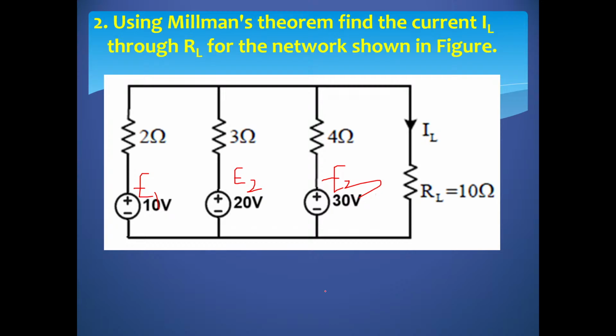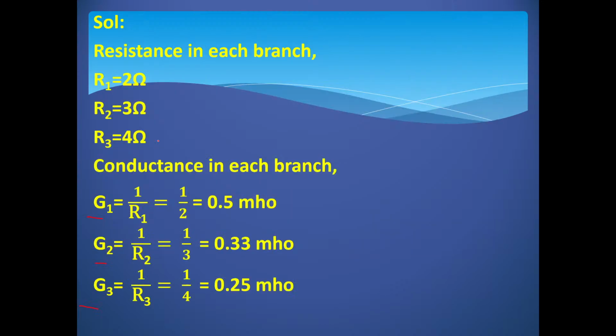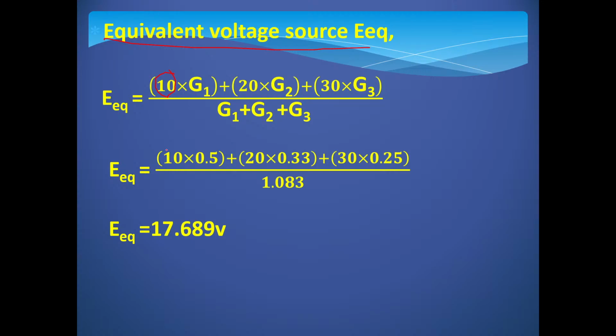The equivalent voltage is E1 into G1 plus E2 into G2 plus E3 into G3, the whole divided by G1 plus G2 plus G3. You know the G1, G2, G3 values, so just substitute them and determine the equivalent voltage. You will get 17.689 volts.